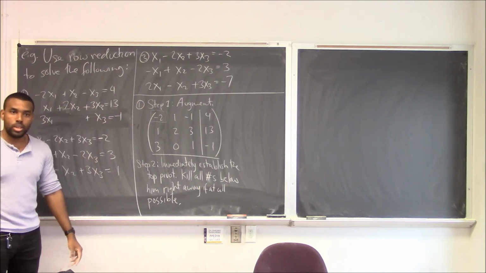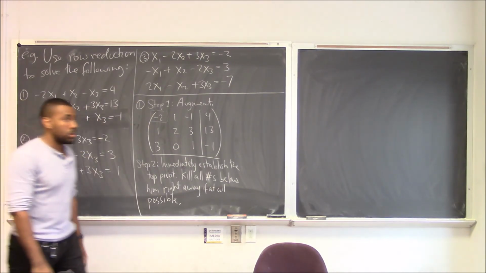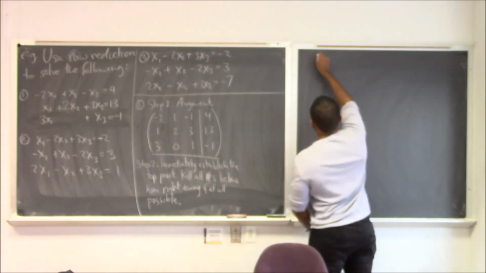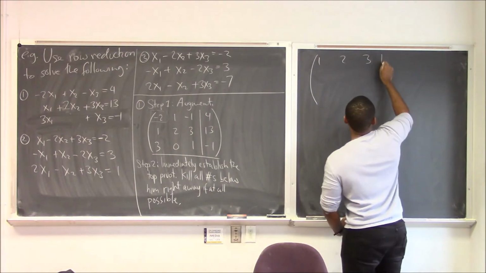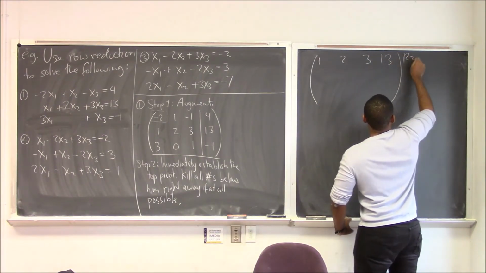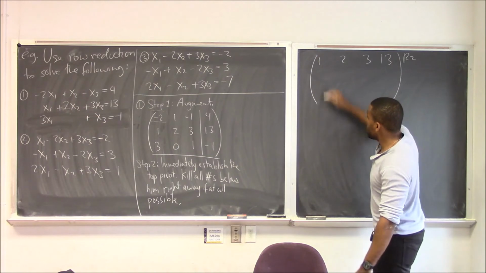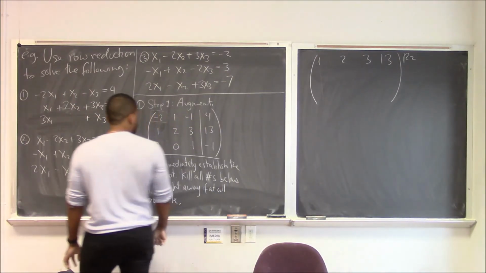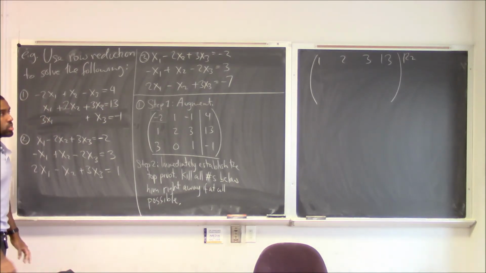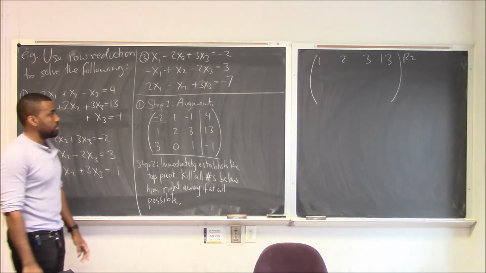That would be your first step. So I'm literally going to swap and put row 2 in the top. Now right away, I want zeros everywhere else here. Now how would I get a 0 everywhere else there?